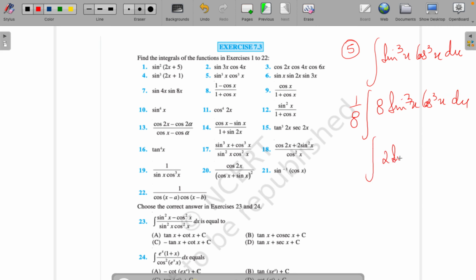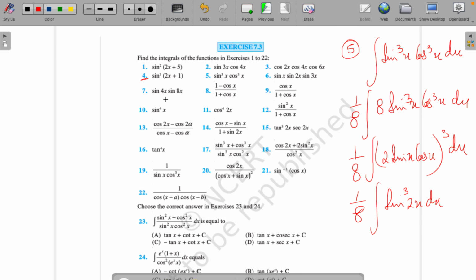So twice of sin x cos x whole cube, only 8 can be written as 2 cube. That is why I have multiplied and divided by 8. So this will become sine cube 2x dx. Now this question and question number 4 are the same. So now you can solve it the way you want to.